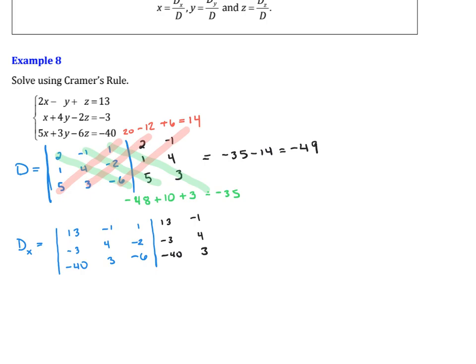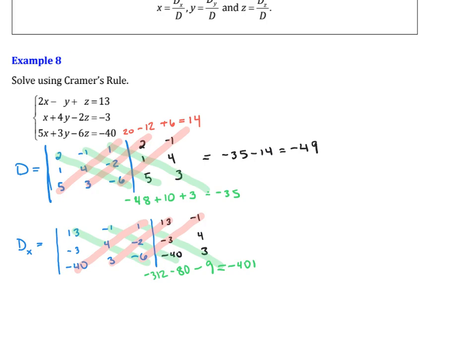Now, go down and go up. So we obtain negative 312 plus negative 80 plus negative 9. That is going to be negative 401.